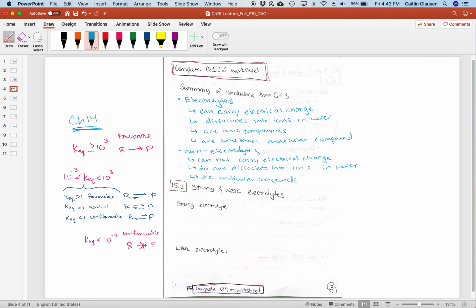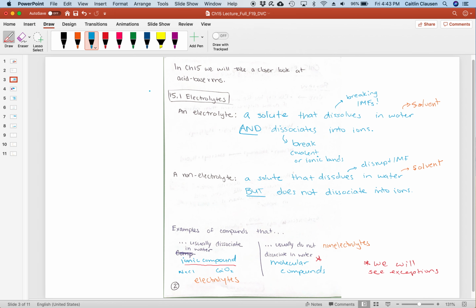So we can amend our previous definitions just by adding the information we learned about electrical charge.